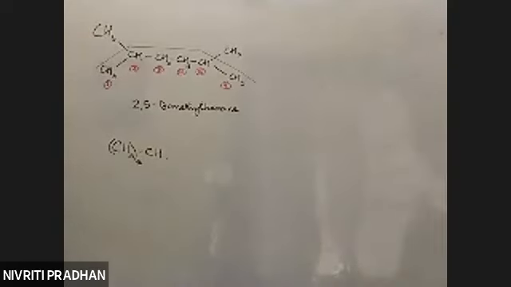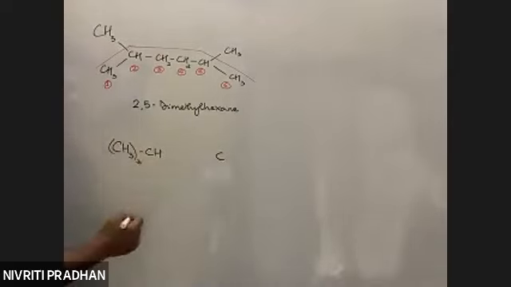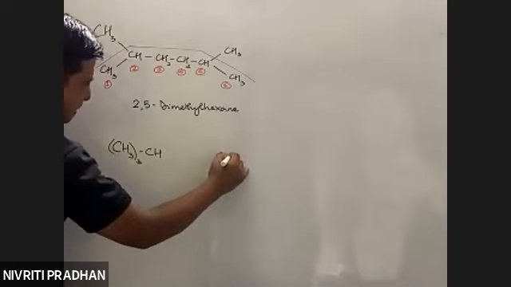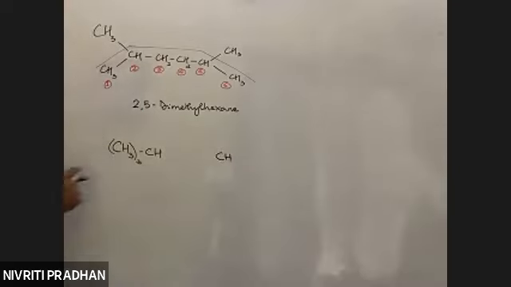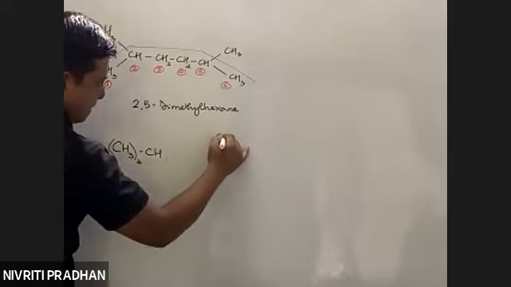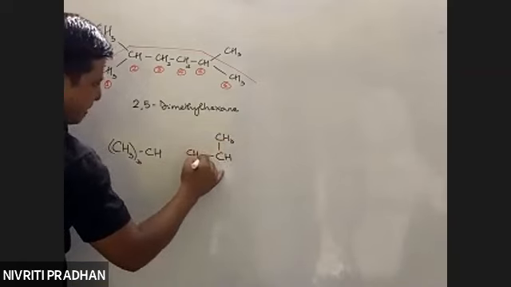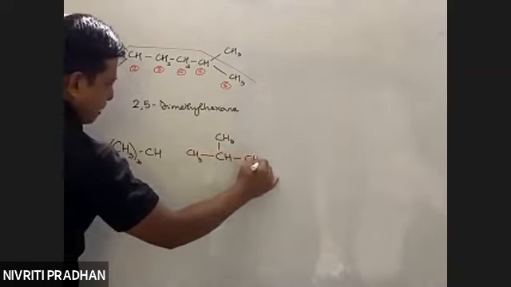Okay, so now let us simplify this. The condensed formula. So we have a carbon atom like this, which is attached to one hydrogen, right? CH. Now to this carbon, how many methyl groups are attached? Three. So I'll write CH3, CH3, one more CH3. Got it?